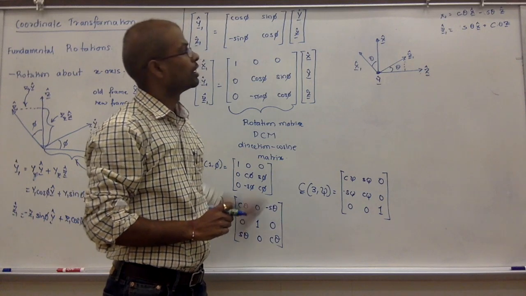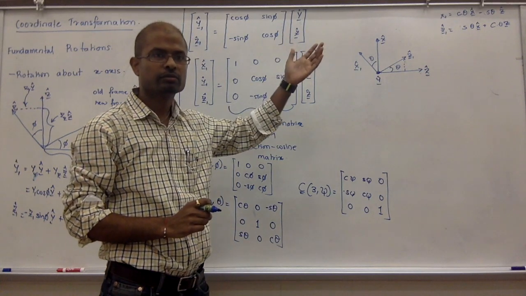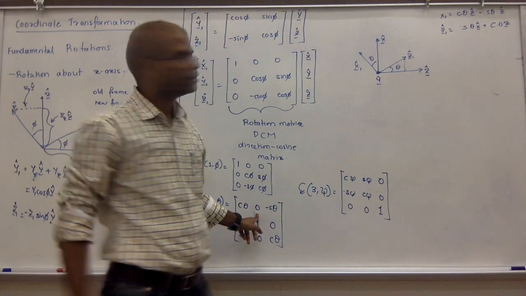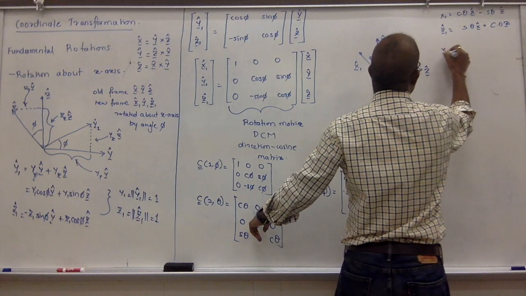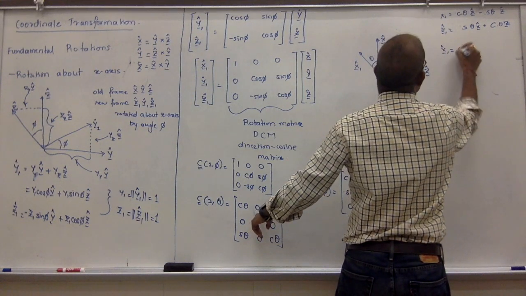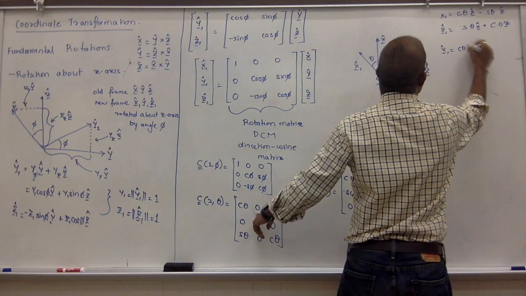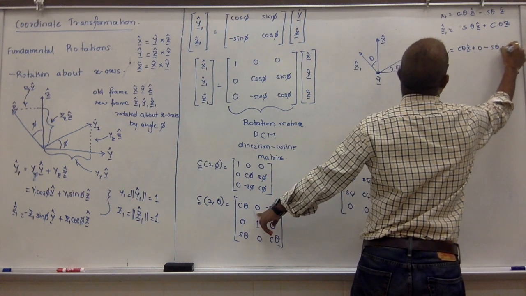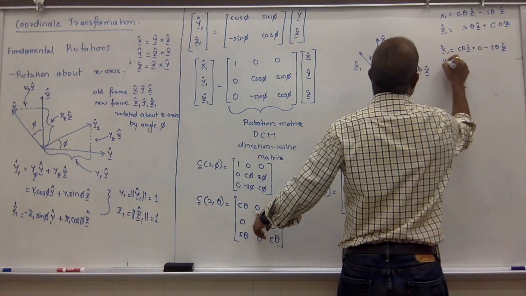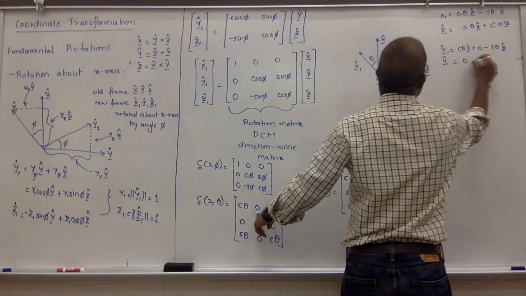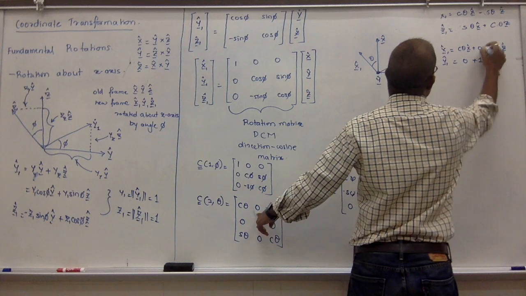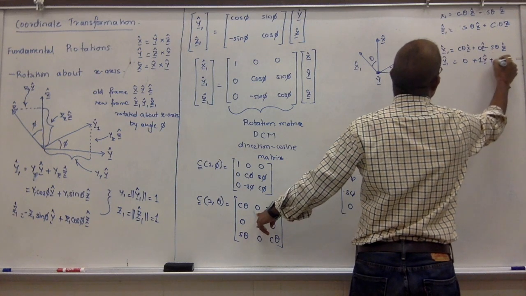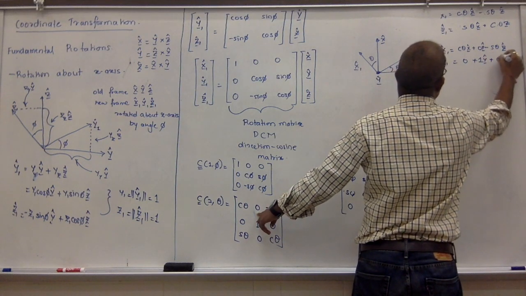The y component is missing there. That means this is z, this is 0. You can write this as x1 is equal to cosine theta x plus 0 minus sine theta z. Y1 is 0 plus 1, here it is y, plus 0 z.